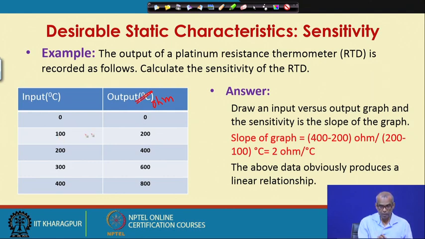When the input is 100 degree Celsius, we have 200 ohm as output of the resistance thermometer, and so on and so forth. So, if you make a plot between this and this, it is obvious that you are going to get a straight line. So, make a plot with this as input and this as output, and the slope of the graph will give you the sensitivity of the resistance temperature device. You can calculate the slope easily as 2 ohm per degree Celsius.